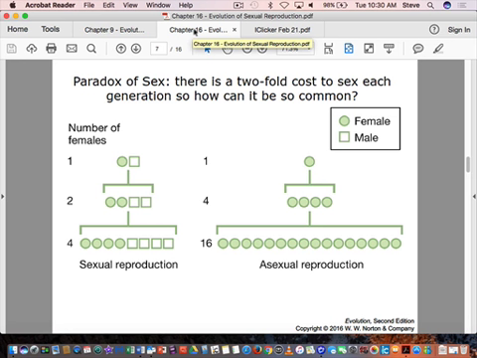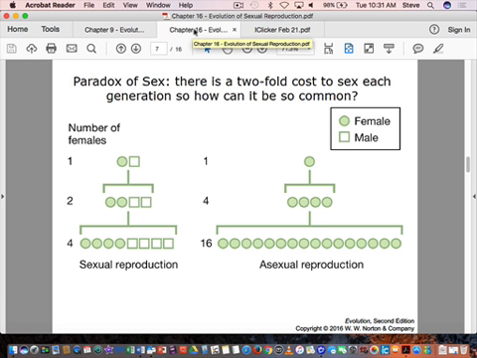Look what happens. It turns out there's a twofold cost every generation to sexual reproduction because you have to produce males. Do males produce their own offspring? Can I give rise directly to an offspring? No. I have to do it through mating and fusion of gametes, right? Asexual females don't. So if you keep doing this, what eventually happens?